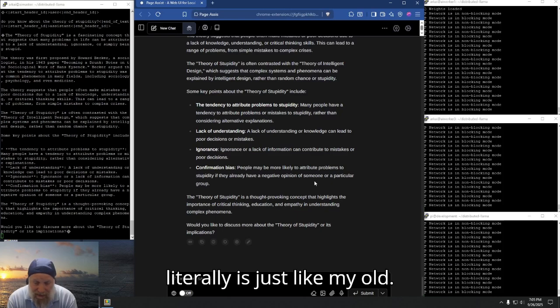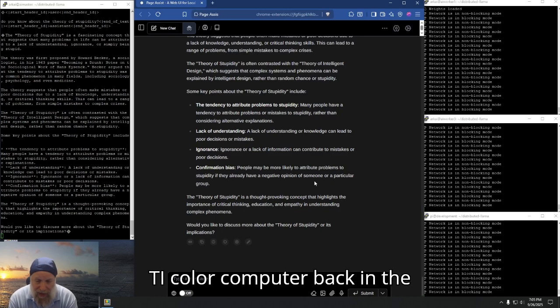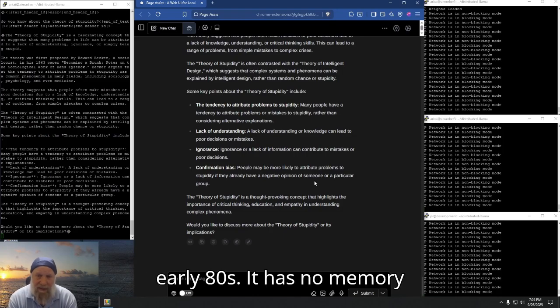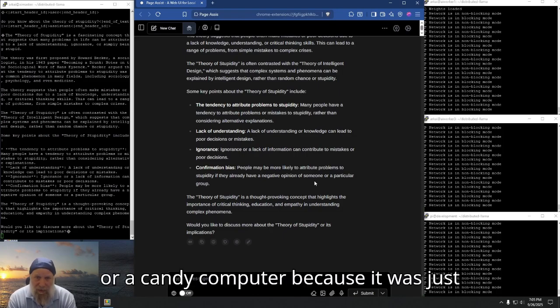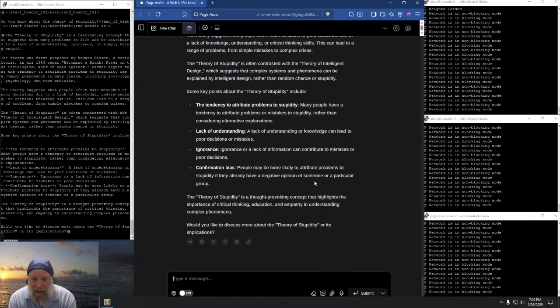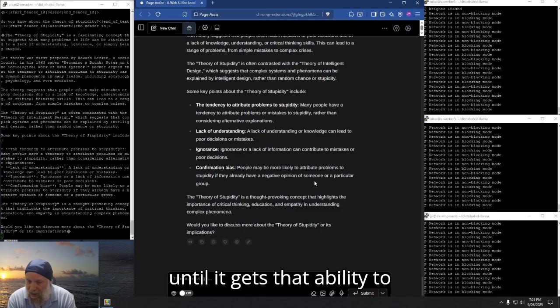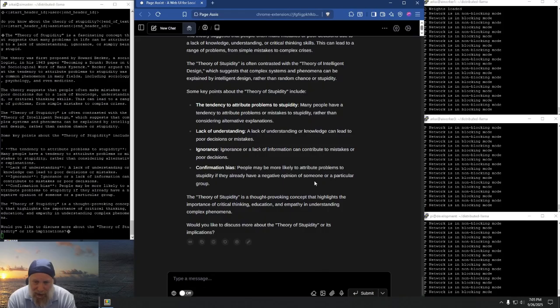It literally is just like my old TI color computer back in the early 80s. It has no memory. Or a Tandy computer because it just did what it did. Until it gets that ability to remember and grow, I don't know.